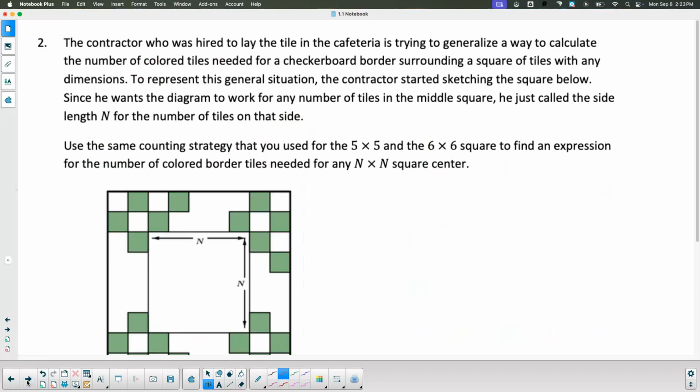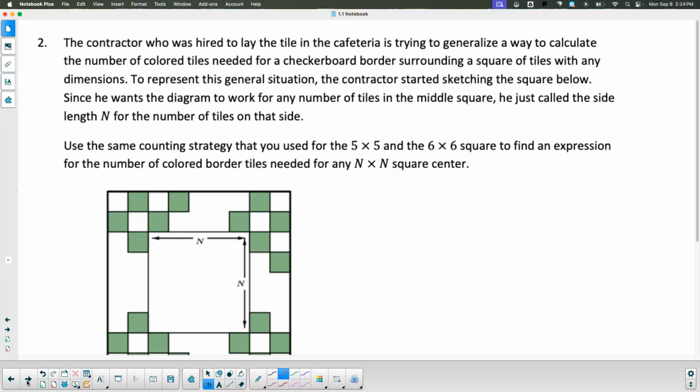What I need you to do now is, first off, this is not an accurate drawing. So you can't just count the squares here. The answer to this question is not 19. The company is doing a lot of these checkerboard patterns, and they want to easily come up with a formula that they can punch however big the center square needs to be into, to figure out how many blocks they need to order.